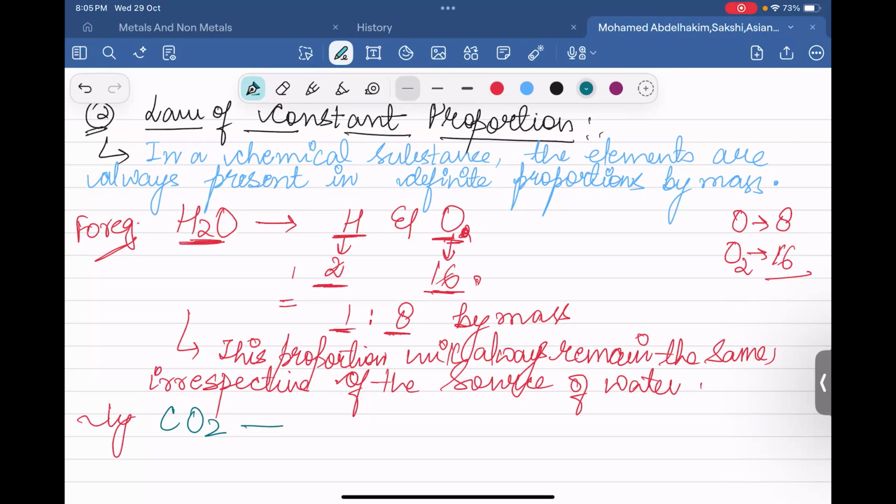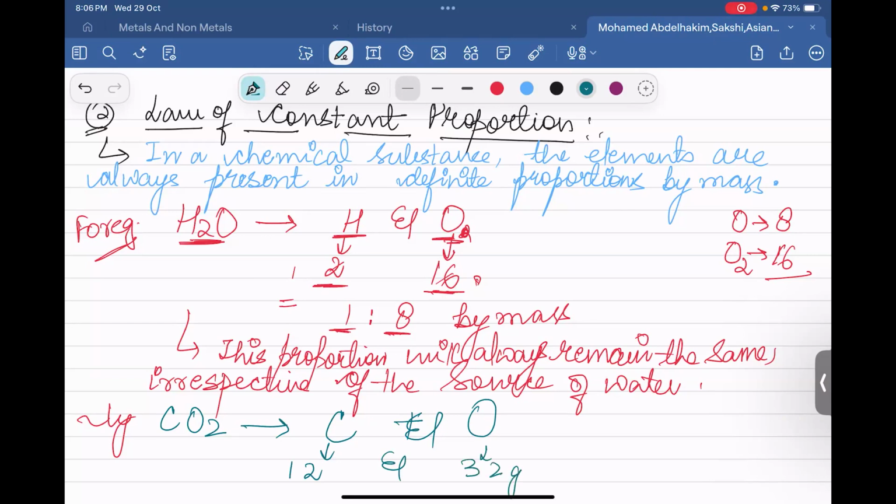It is also made up of two elements, carbon and oxygen. The mass of carbon is 12 grams and oxygen is 32 grams.